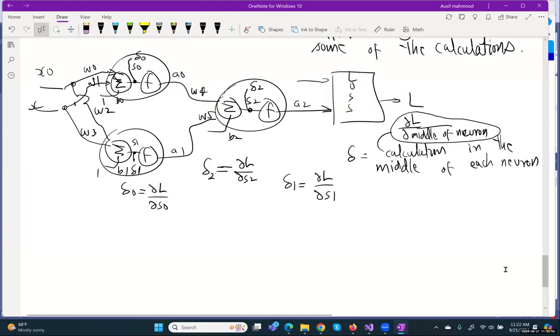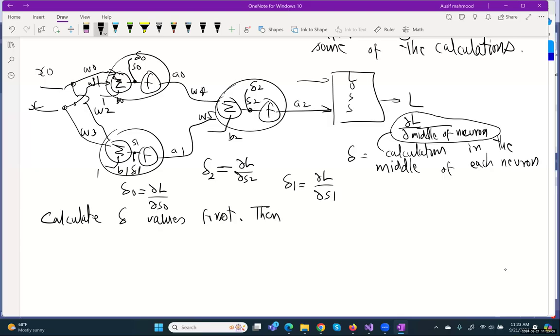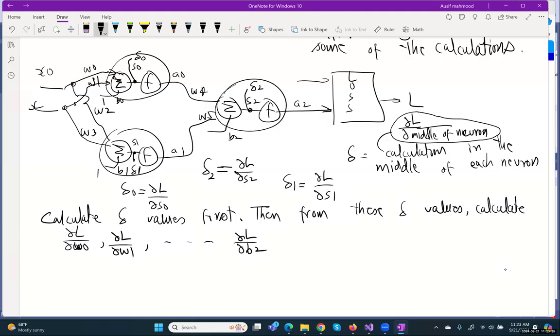Our algorithm will become: calculate delta values first. Then from these delta values, calculate partial L over partial W0, partial L over partial W1, up to partial L over partial B2.